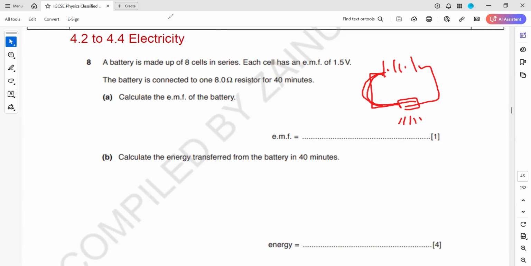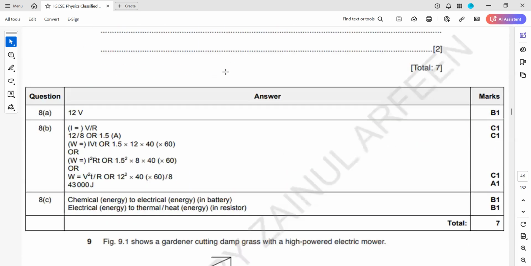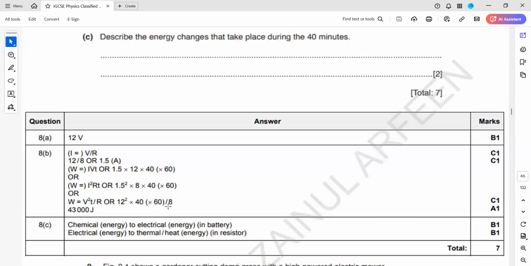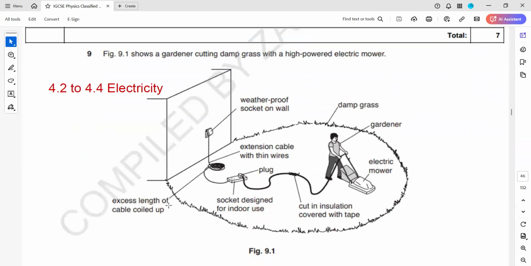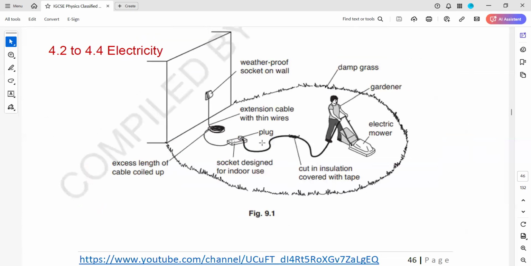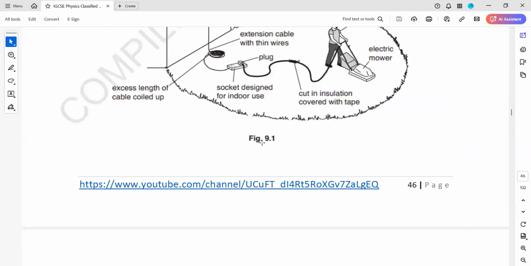Heat energy. So as you can see, this is the distribution of the marks here. Chemical energy first changes to electrical energy in a battery, and the electrical energy turns into heat energy in the resistor, because a resistor provides heat energy. We have discussed this question in the session as well. We did this before.